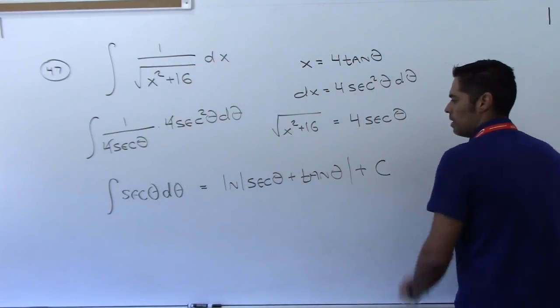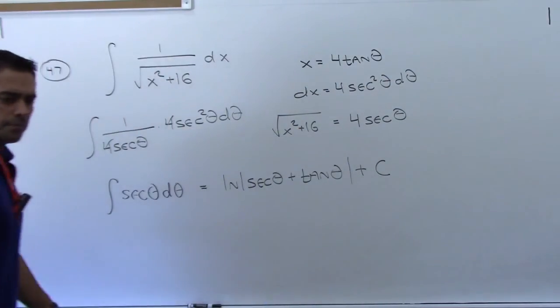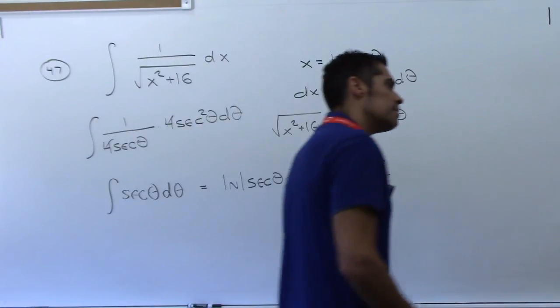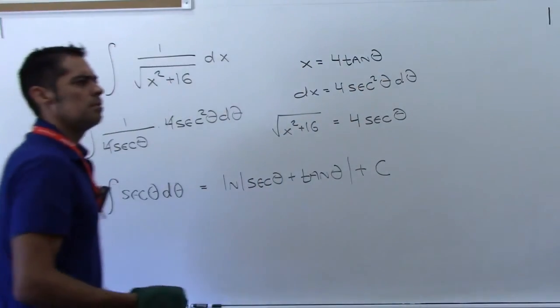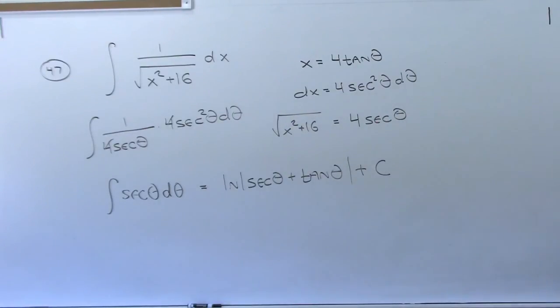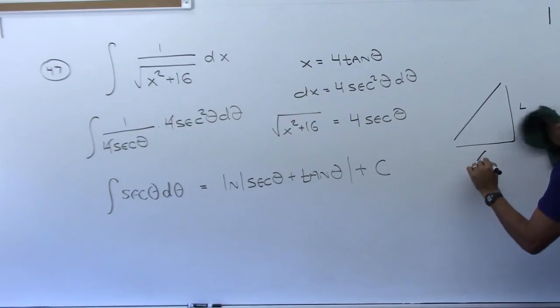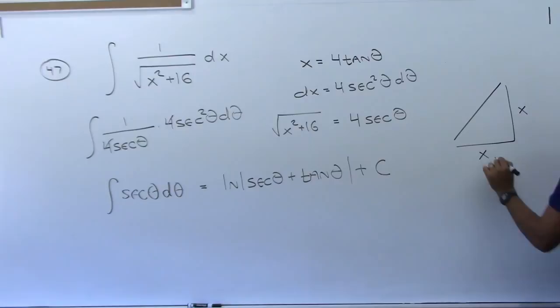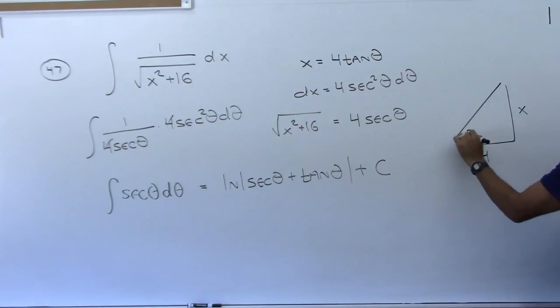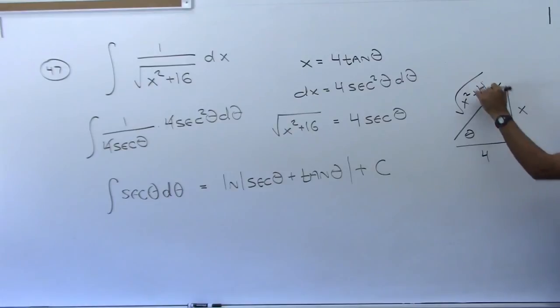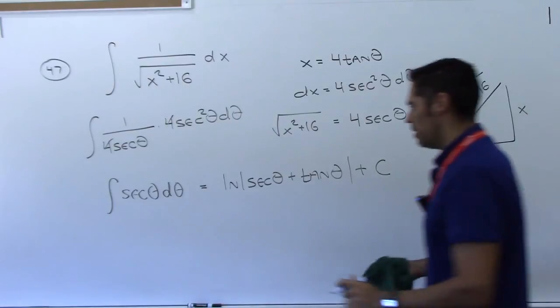And then do the triangle. Here, x over 4, the hypotenuse is the square root of x squared plus 16, and then you can get all your information here.